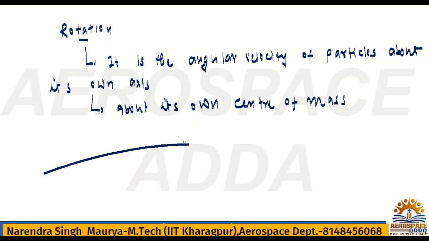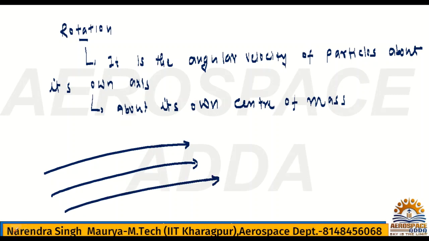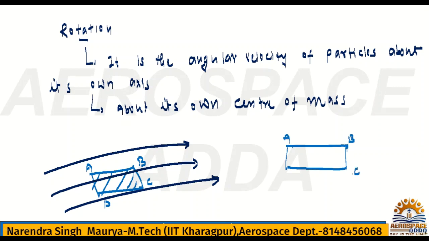Suppose this is the fluid flow, and in this fluid flow, suppose I am taking one rectangular fluid element. Okay. Now I have taken this rectangular fluid element. Just say this rectangular fluid element is A, B, C, D. Yes or no?